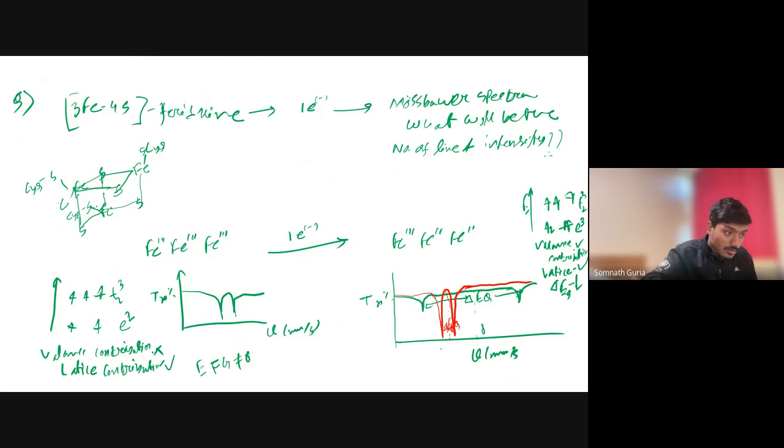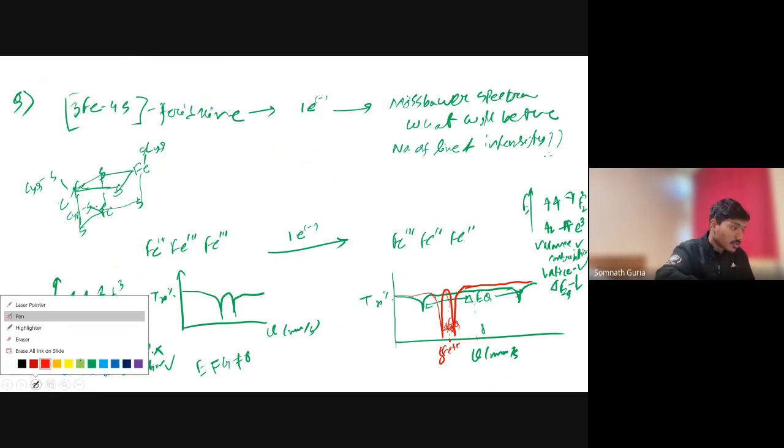Sorry for my writing. This is the delta value, this point. This is Fe3, and this will be Fe2. This is the delta value for Fe2.